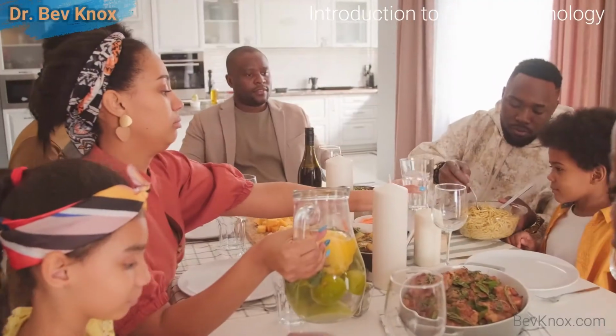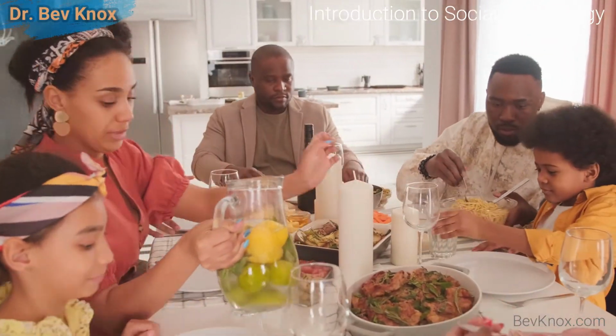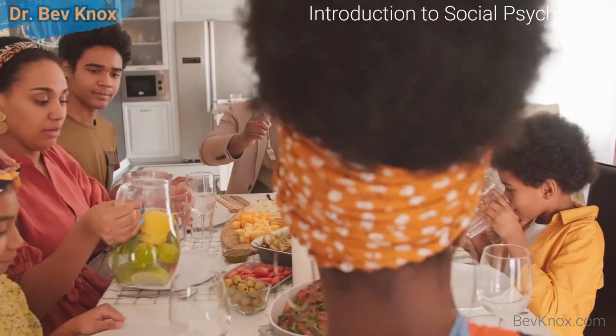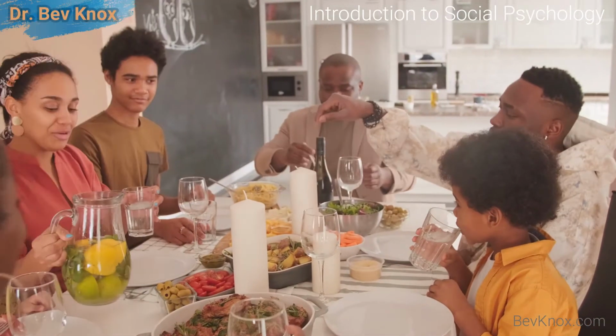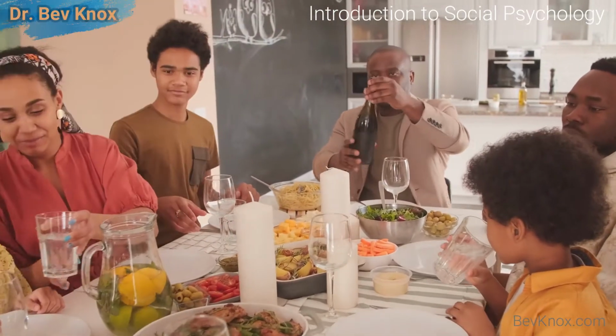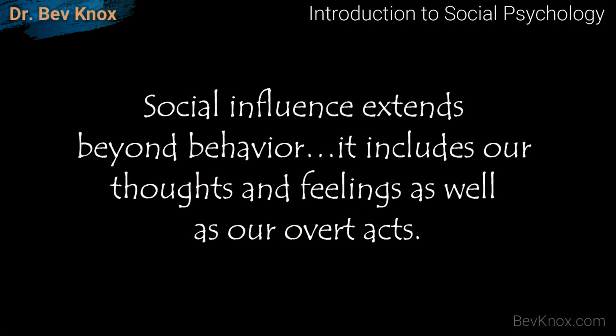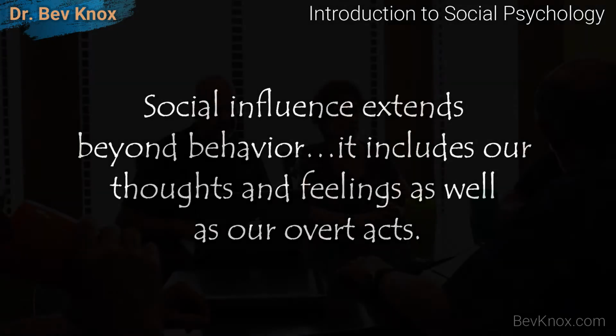Thus, in a sense, we carry our mothers, fathers, friends, and teachers around with us as we attempt to make decisions that would make them proud of us. So yes, social influence extends beyond our behaviors. It includes our thoughts, feelings, as well as our overt acts.